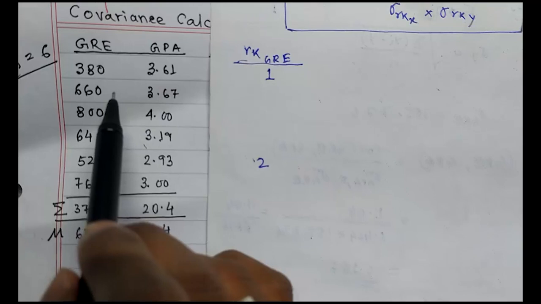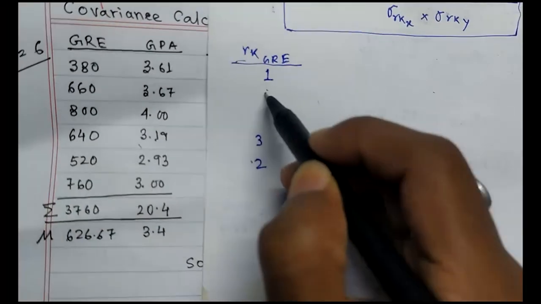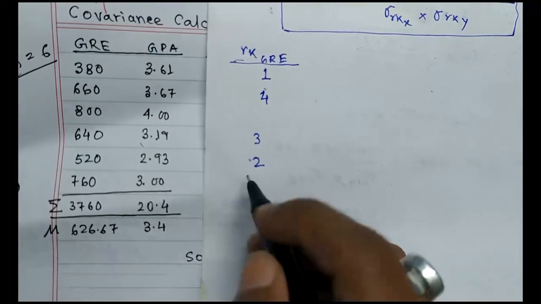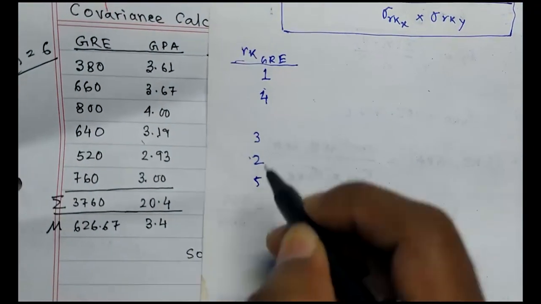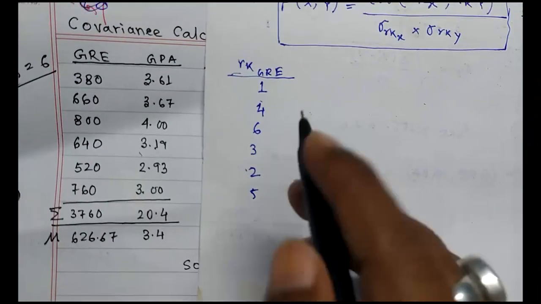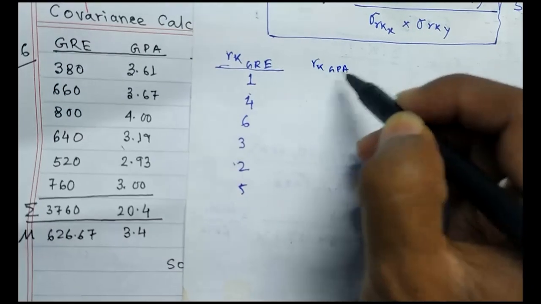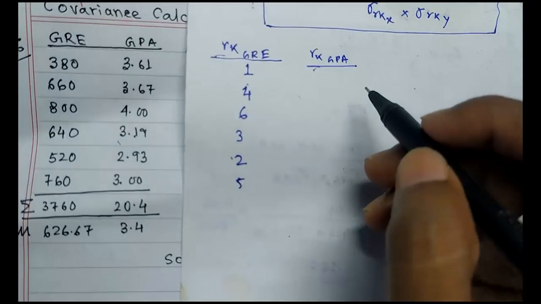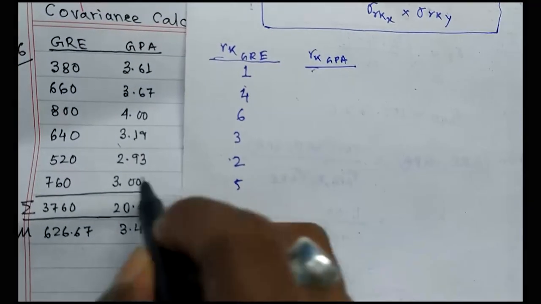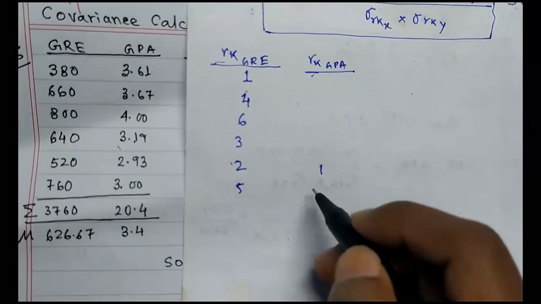Similarly, 640 is rank 3, 660 is rank 4, this is rank 5, and ultimately this is rank 6. So now this is the rank of GRE. Similarly, for the rank of GPA, the lowest value is 2.93, and this is 3.